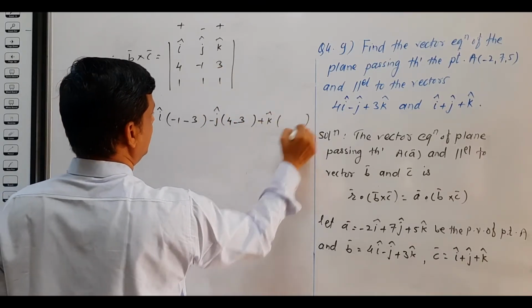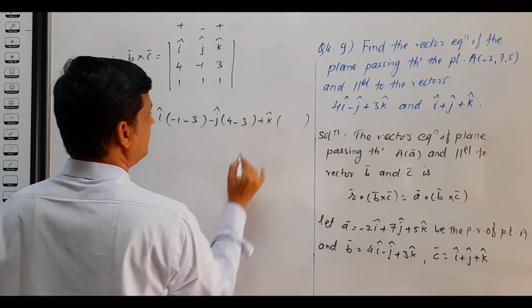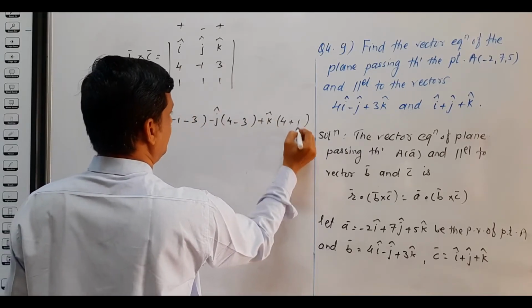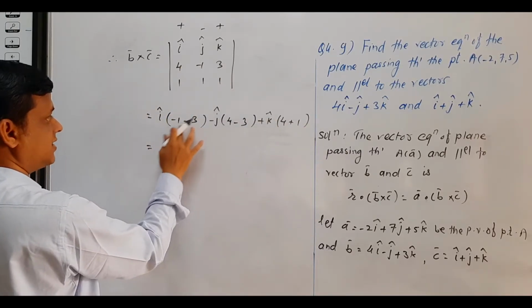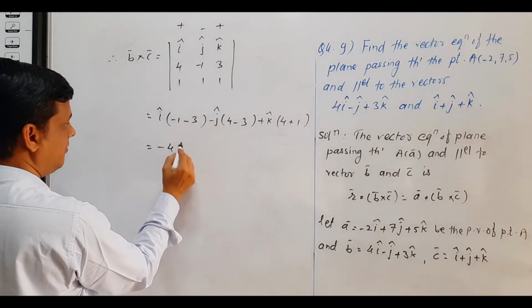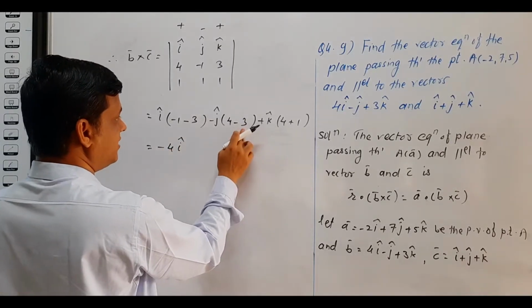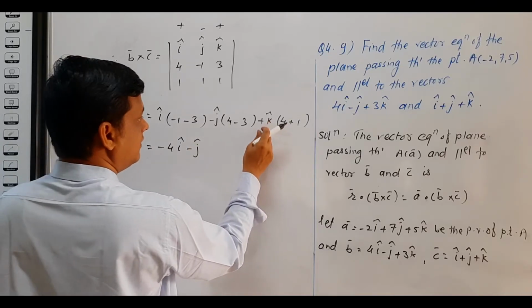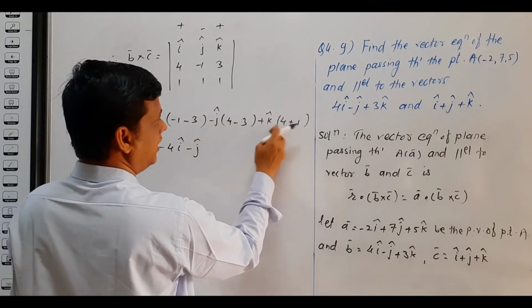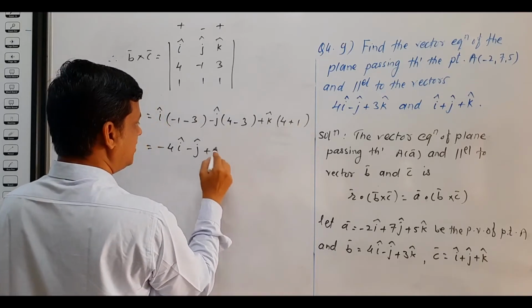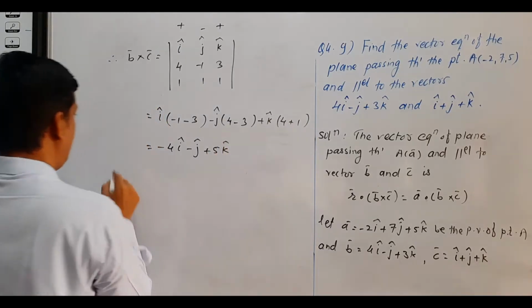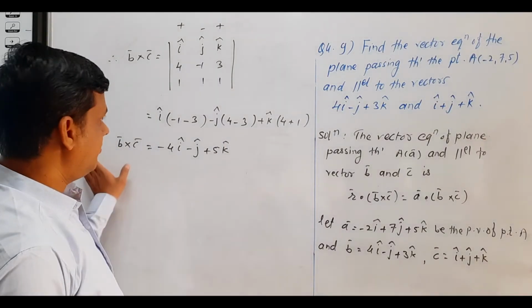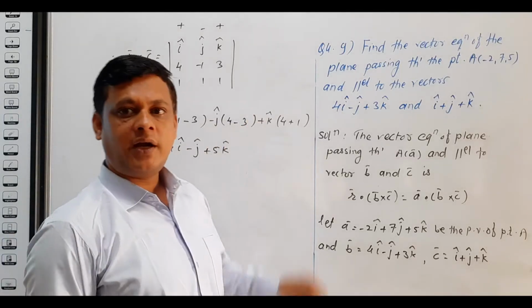Plus k times (4 into 1 is 4, minus minus gets plus, so 4 plus 1), that is 5k. So this is the value of vector b-bar cross c-bar, which is nothing but the normal to the required plane.